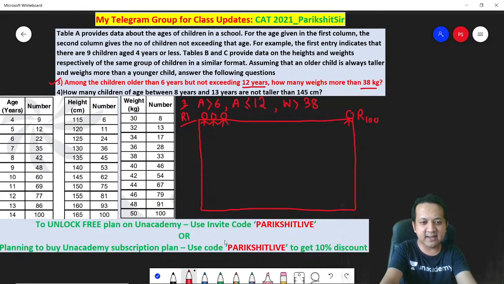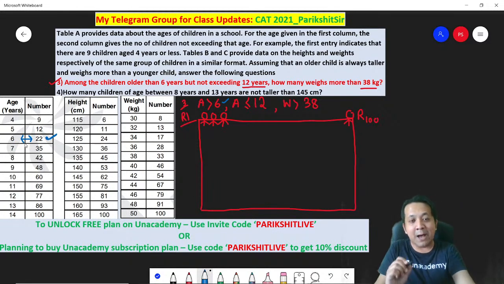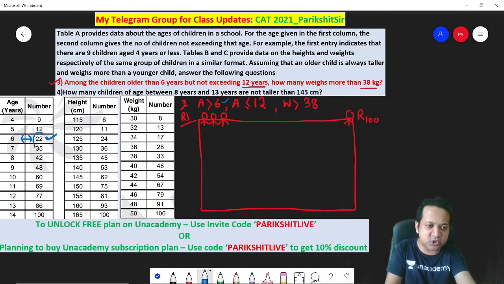Correct? Let's start again. Age is greater than 6. How many children? Remember this 22. What does this 22 indicate? If you read the question at the top, it indicates the number of children whose age is less than 6. So less than 6 is 22 children. We need just the reverse, greater than.